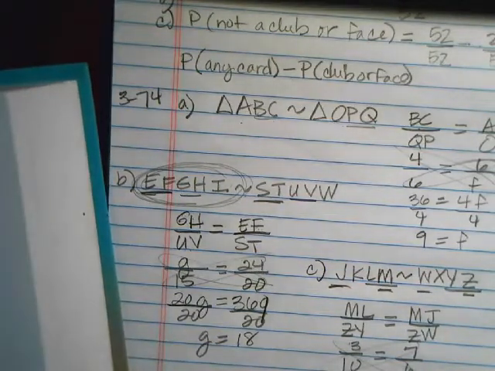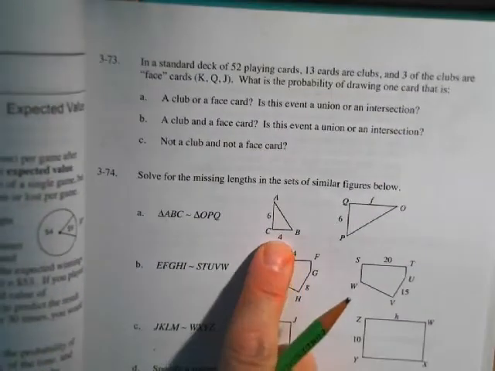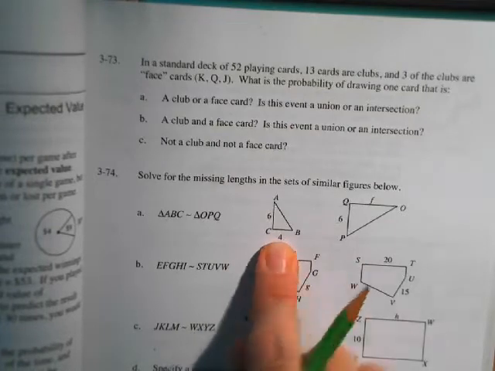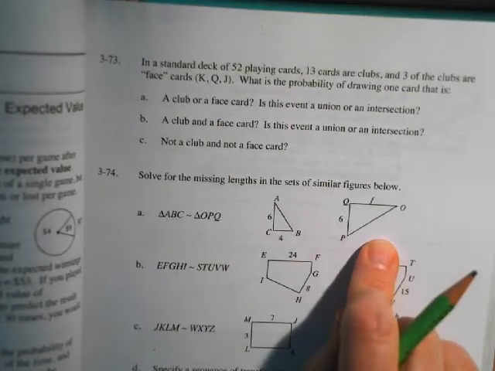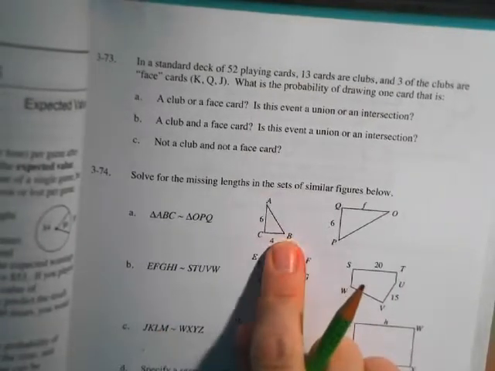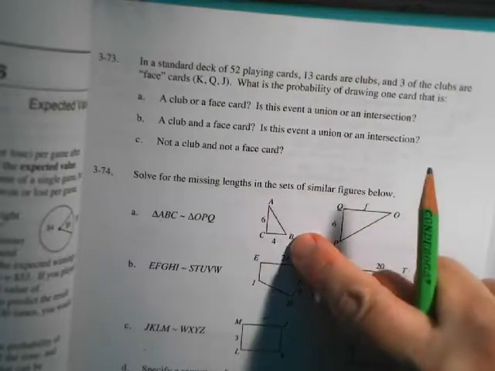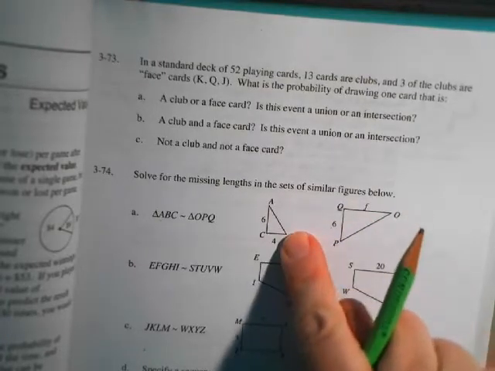Here we go. If we're considering ABC to be the original, then it's getting bigger, not smaller. So for scale factor, you have to think about which one's the original. Here they're saying map this triangle ABC onto OPQ, so they're considering this the original.